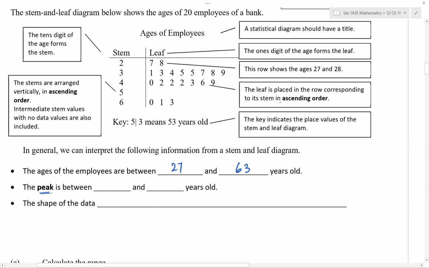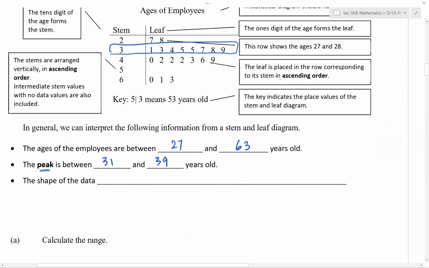For the peak, we look for the stem and leaf which forms the longest line. So the peak age is between 31 years old and 39 years old. The next peak would be the 40 to 49 years old.